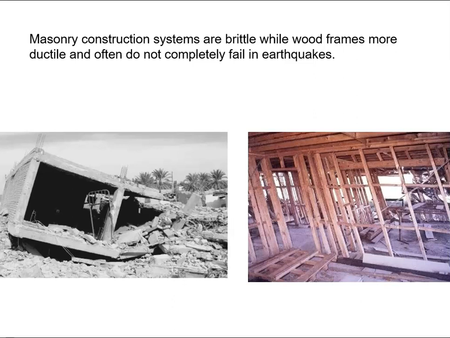Okay, masonry construction systems. We will talk about structural members, just columns or beams, but we could also talk about entire systems. So this is a masonry system and this is a wood system. Masonry construction systems are very brittle. Unfortunately, because of limited resources in certain parts of the world, masonry systems are used where there's not a lot of wood and also where it's earthquake prone.